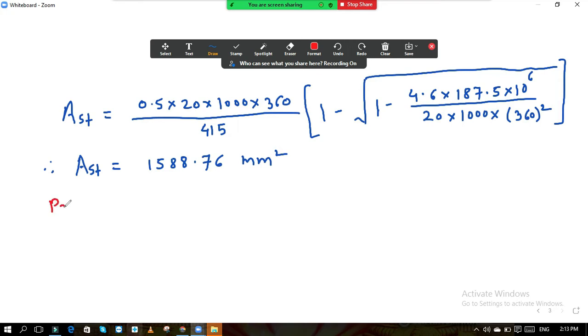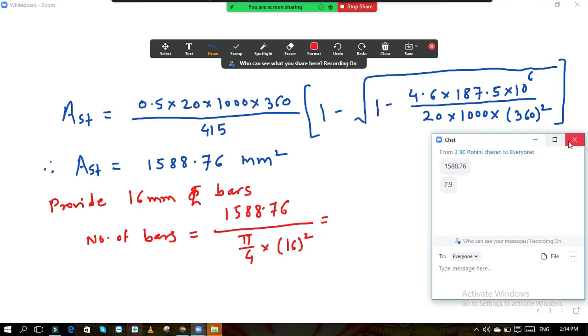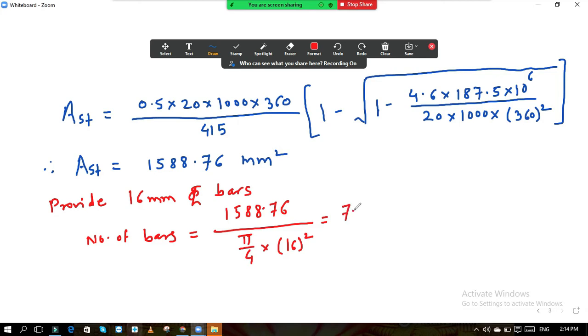Number of bars is 1588.76 divided by pi by 4 into 16 square, 7.9, so we will provide 8 bars.